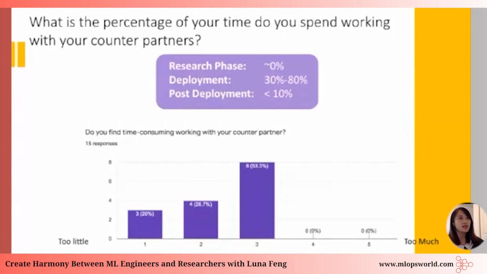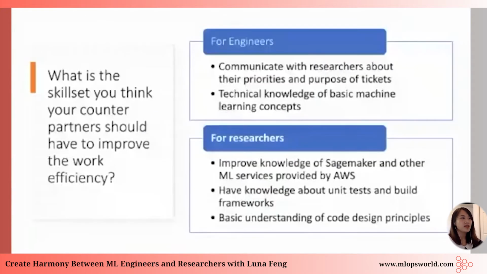Because engineers usually plan their tasks using tickets, and those tickets may be associated with some requirements or some changes from the researchers, but sometimes the communication regarding the tickets is not very clear.